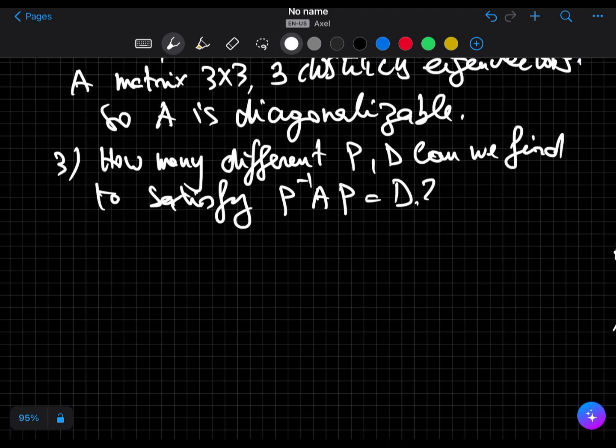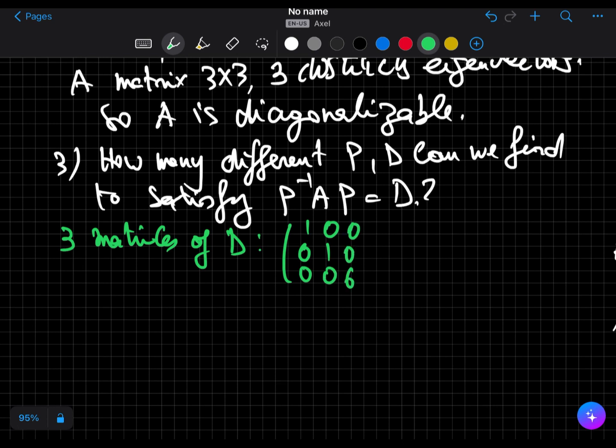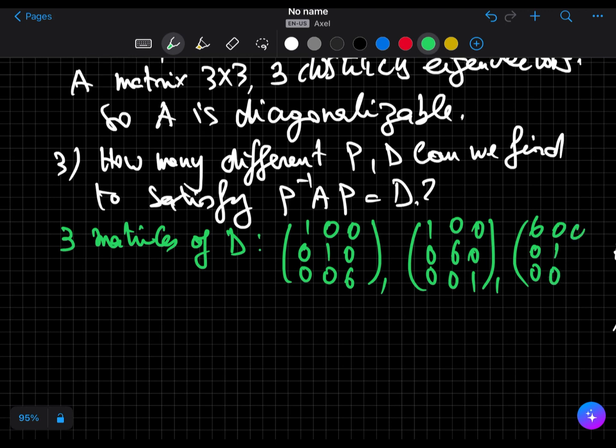We clearly know that we can find three matrices D. We can have D equal to diag(1, 1, 6), then diag(1, 6, 1), and then diag(6, 1, 1). So we can have three combinations of values of D.